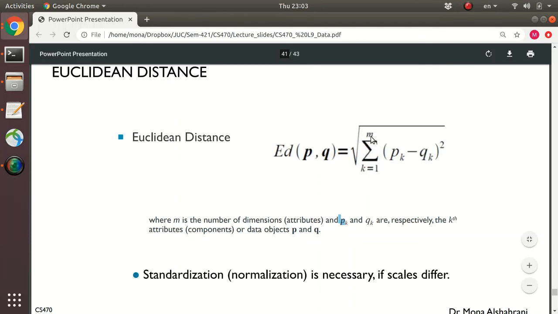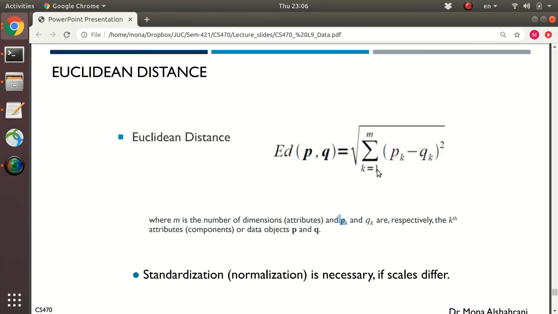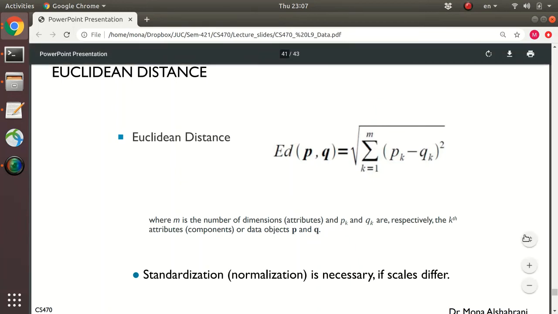It could be 100 or thousands. Also, standardization, scaling, or normalization, as we defined earlier, is necessary if the scales of the attributes are different. So if one attribute is measured in hundreds, where the other attribute is measured in tens or even below that.